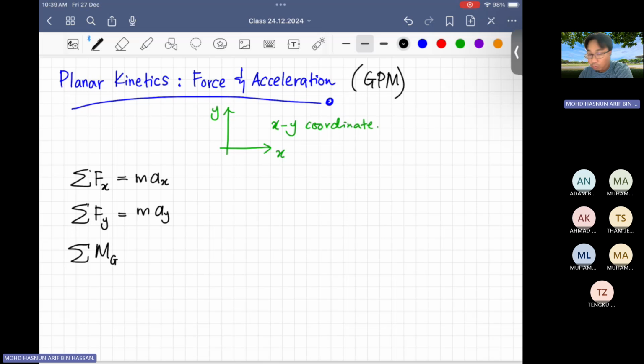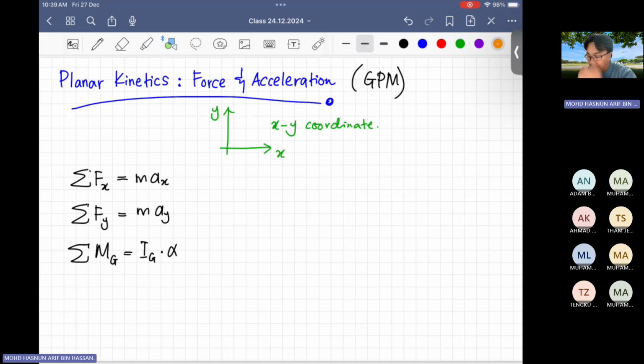You can calculate the moment about center of gravity, MG, which is equal to IG times alpha. This is one. You can also calculate moment about the IC point.